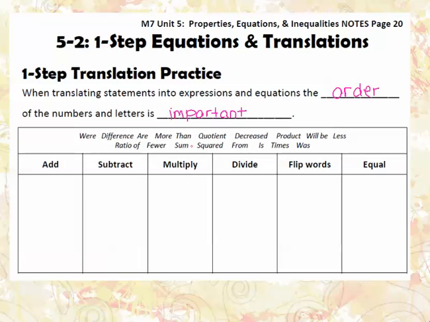So if we go through these words, some are going to mean add, some are going to mean subtract, multiply, divide, and our flip words, and some equal words. So pause the video here, see if you can sort the words into their correct categories.